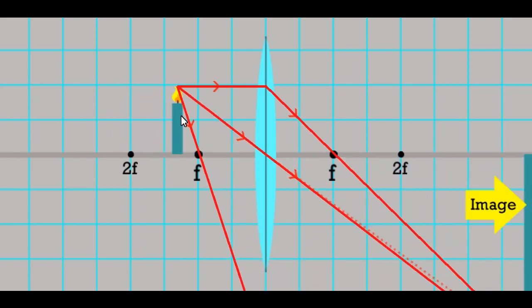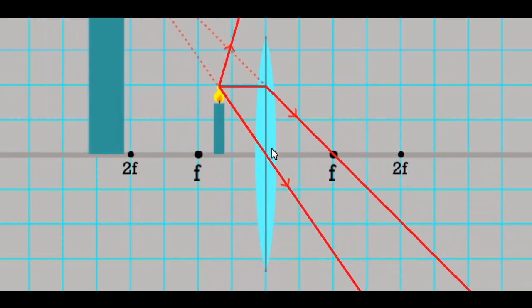Now let's take this object between focus and optical center. This point is the focus, and this point is the optical center.